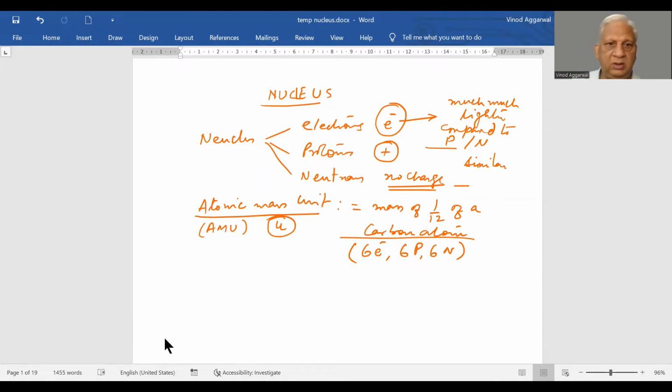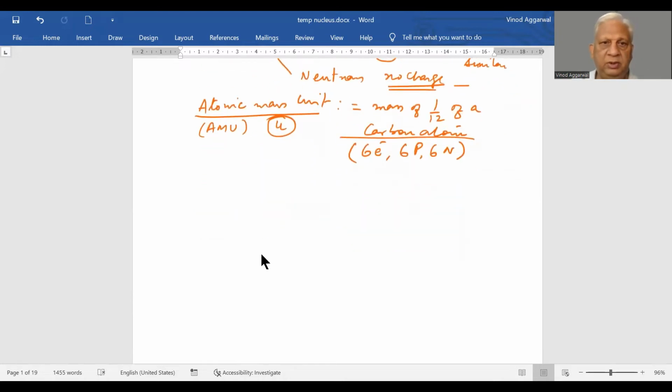Now, some basic terminology and symbols. When we write, for example, an atom, this is the name of the element, this is the Z value, and this is the A value.